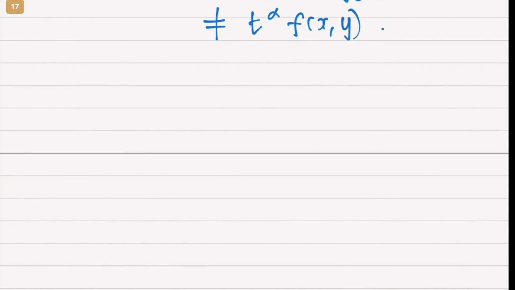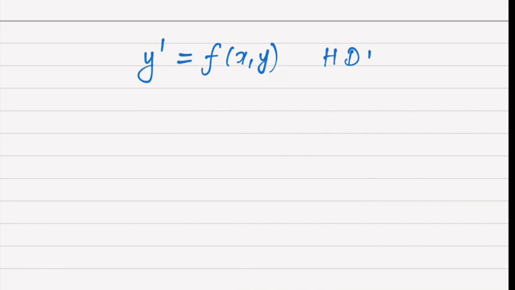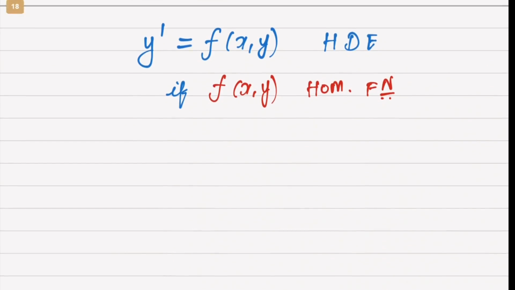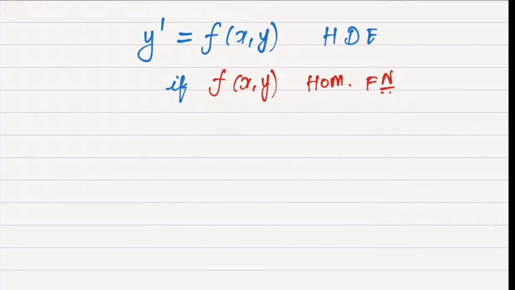A differential equation of the form y prime equals f of x comma y is called a homogeneous differential equation if the function f of x comma y happens to be a homogeneous function.